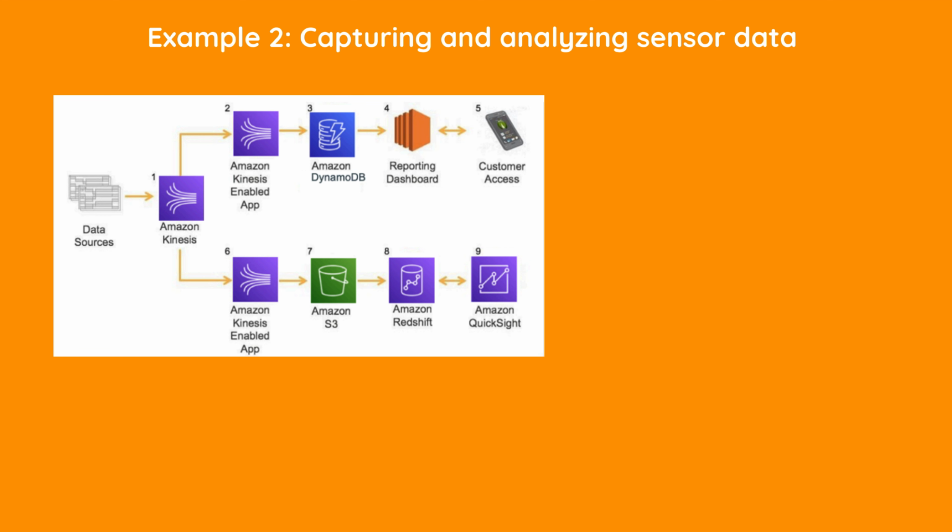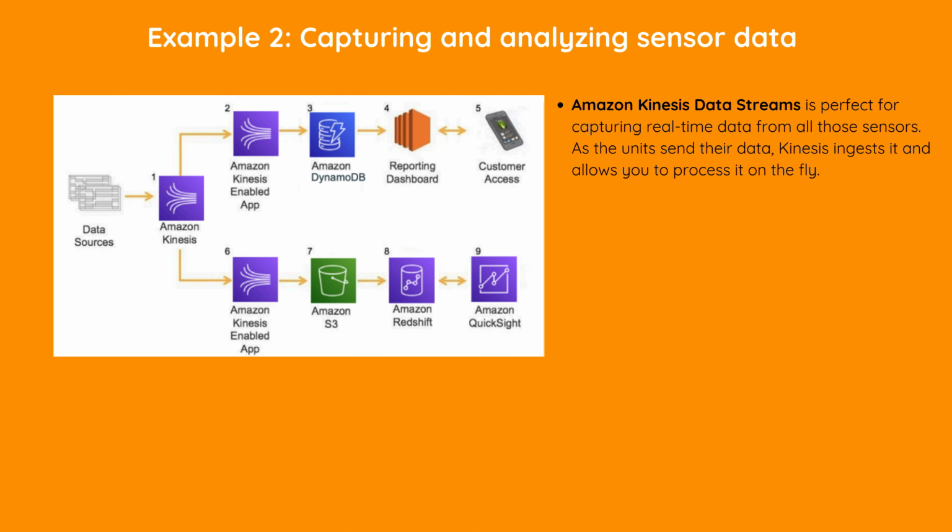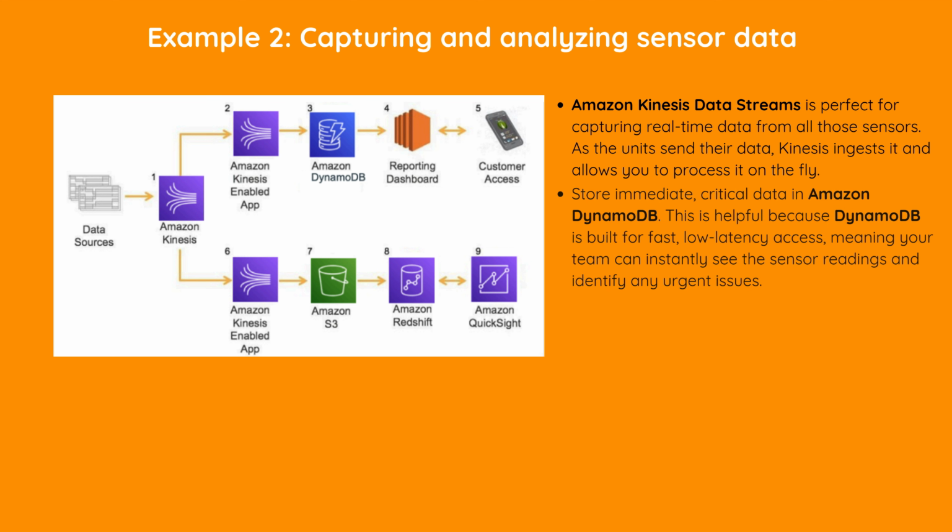Here's where AWS services come in. Amazon Kinesis Data Streams is perfect for capturing real-time data from all those sensors. As the units send their data, Kinesis ingests it and allows you to process it on the fly. You can store immediate critical data in Amazon DynamoDB.